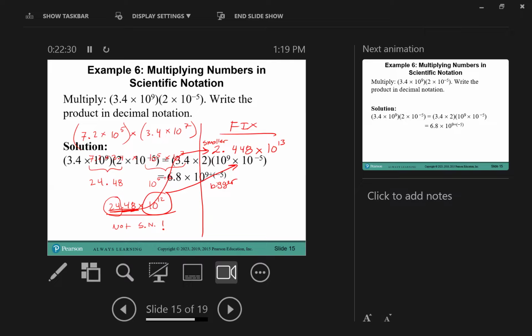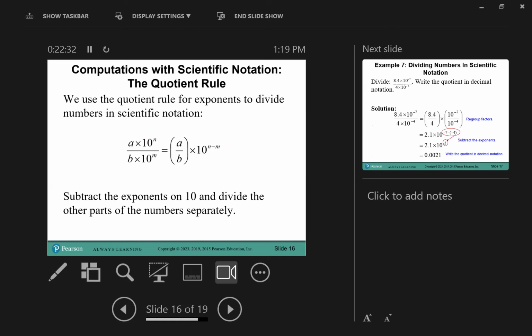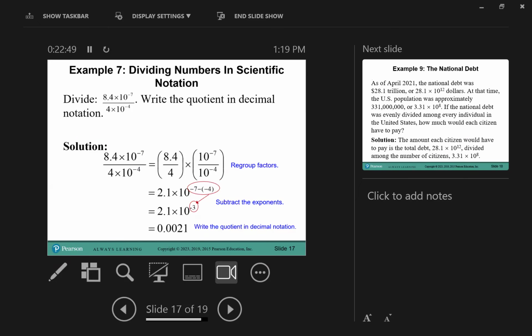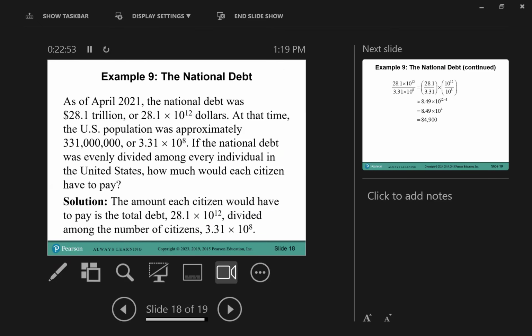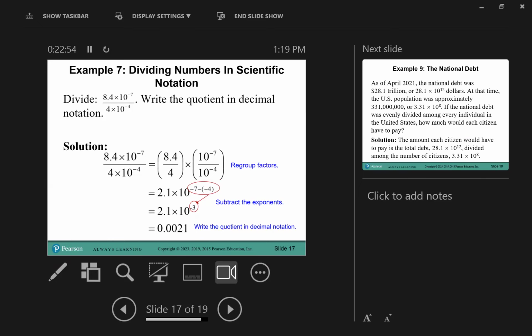Now, the next thing that we would talk about is fractions, right? Once again, if I have two things being divided, I can treat those times 10 to the n and times 10 to the m's as exponents in two things being divided. So let's take a look at, well, there's one completely worked out. So I guess I won't be doing this one bit by bit, but I'll explain what they've done.